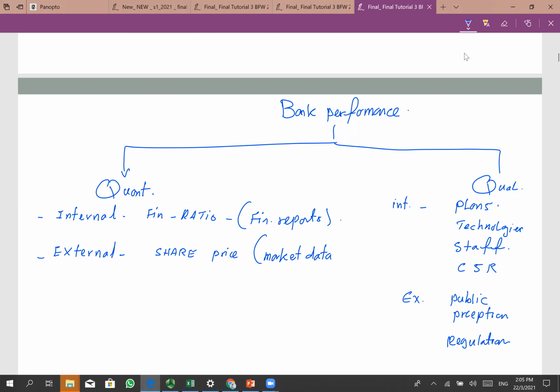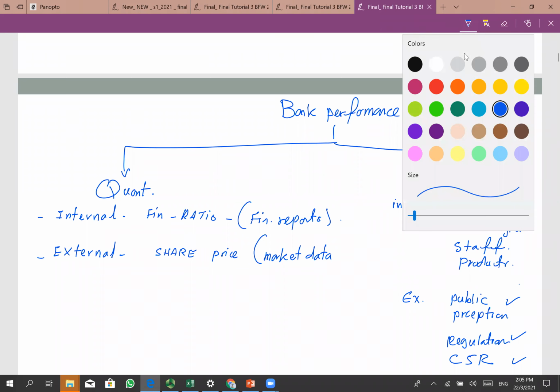Here we can also talk about financial products. The CSR you can bring here. So we have the public perception, the regulation, and the corporate social responsibility. Here we have the plans, staff, and the products, which is what banking products we are following.